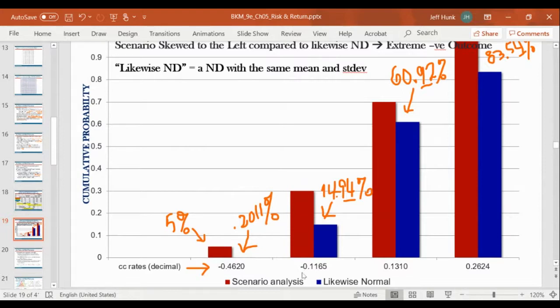And also the second tier, right? Mild recession.